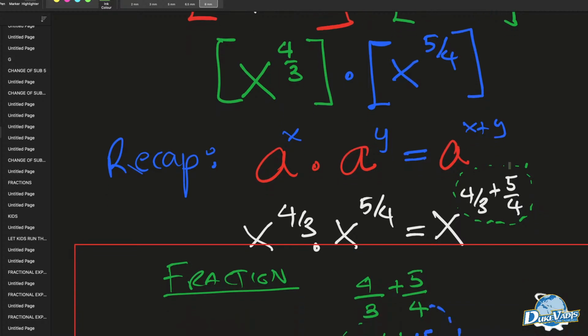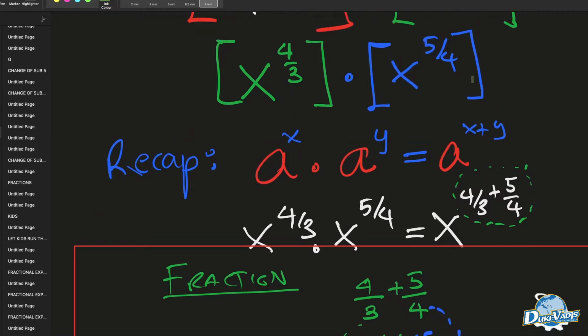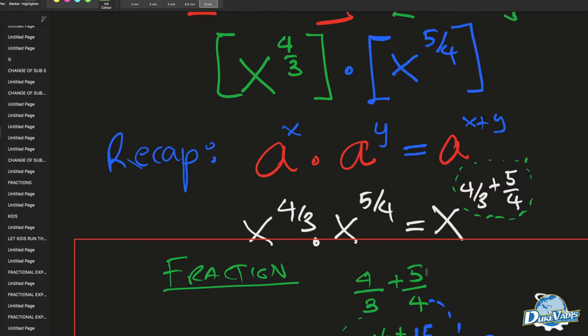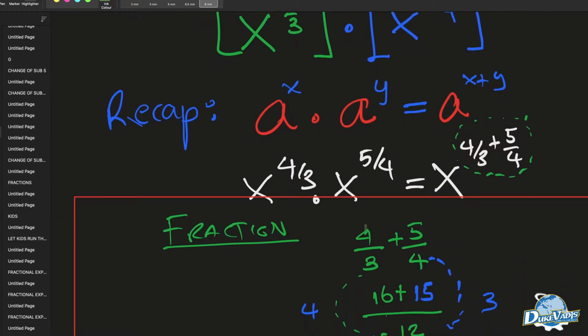This is something we have invoked because we know it. So by applying this to our question, we maintain the x here: x raised to the power 4 over 3 times x raised to the power 5 over 4. When we maintain x, we take the summation of 4 over 3 and 5 over 4.